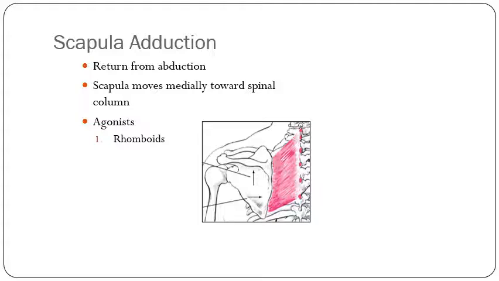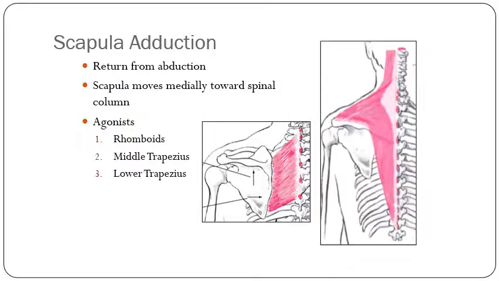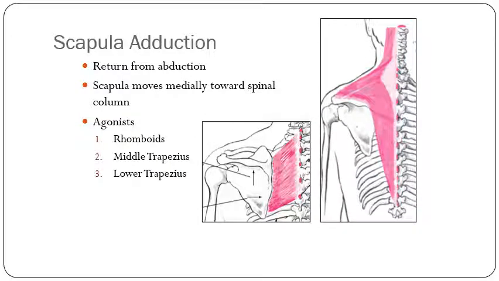Your agonists are going to be your rhomboids, your middle traps, and your lower traps.